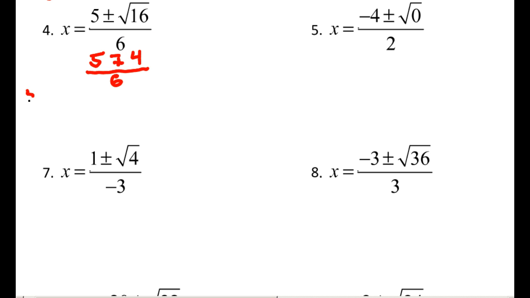So we have 5 plus 4 over 6. Okay. And we also have 5 minus 4 over 6. Two possibilities. 5 plus 4 is 9 over 6, which reduces to 3 over 2.